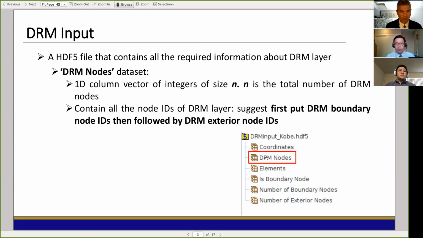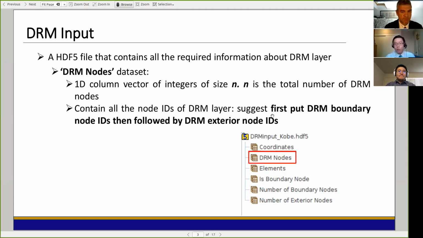For example, the first one is the DRM nodes dataset. That will contain a 1D column vector of integers of size n, where n is your total number of DRM nodes, and these n integers specify all the node IDs in your Real-ESSI model of your DRM nodes.